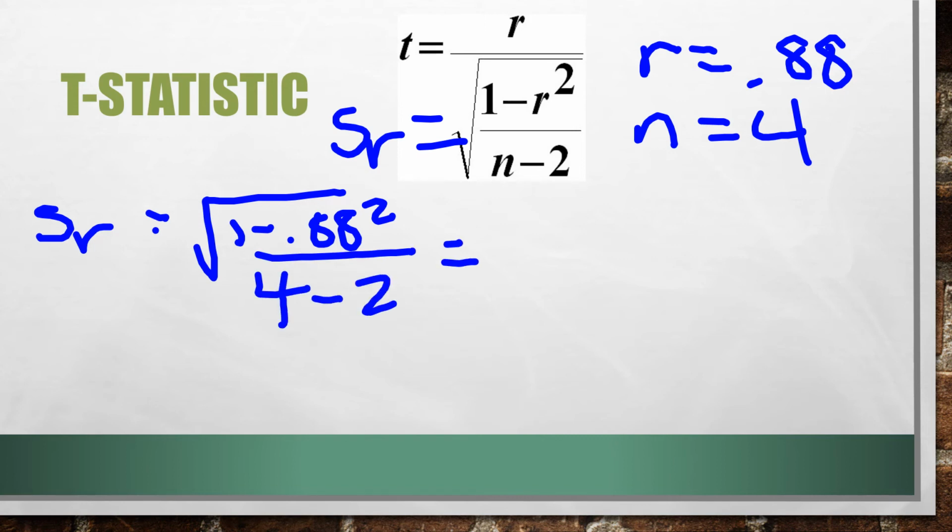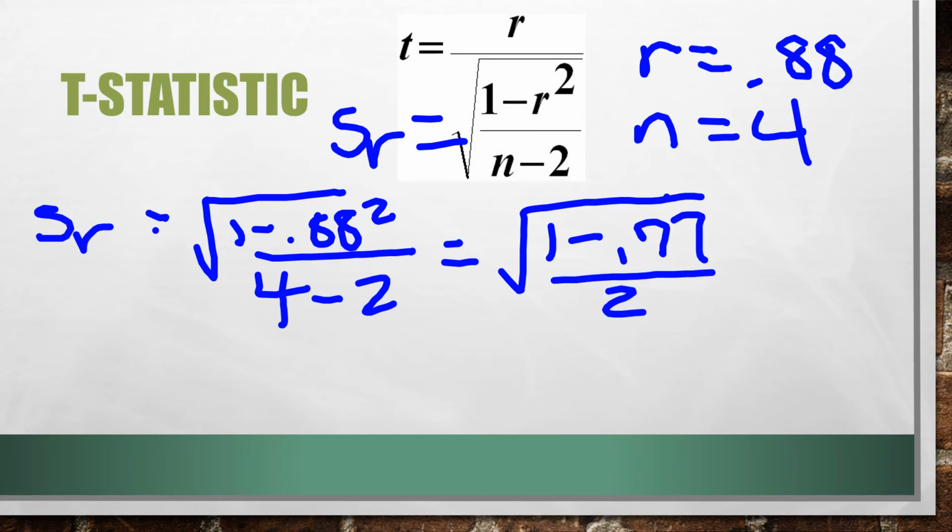So we have the square root of 1 minus 0.77, because 0.88 squared is 0.77, divided by 2. And then 1 minus 0.77 is 0.23, so we have the square root of 0.23 divided by 2.